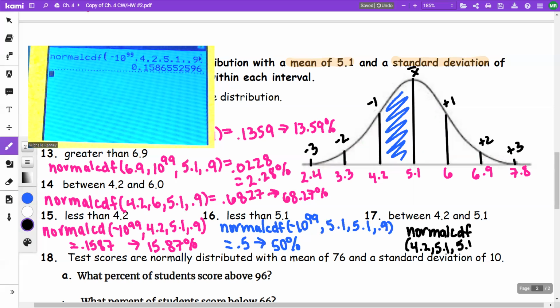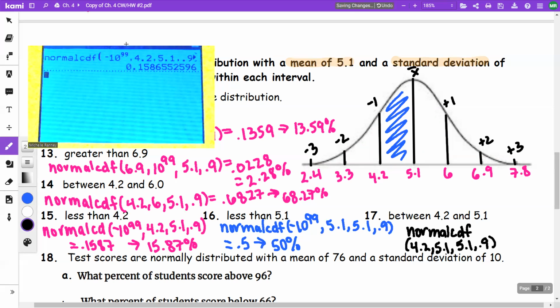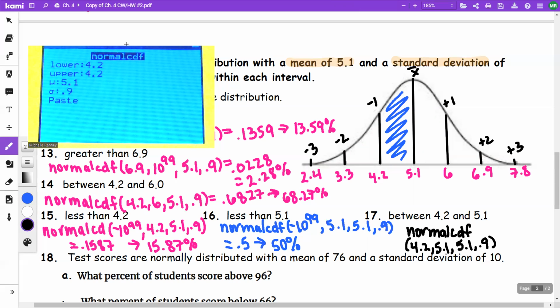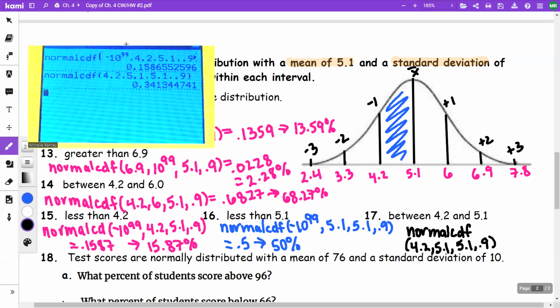My mean is a 5.1 and my standard deviation is 0.9. So when I put that into my calculator, I'm going to have a 4.2 to 5.1, and everything else is going to stay. And I get a 0.3413, which is about 34.13%.